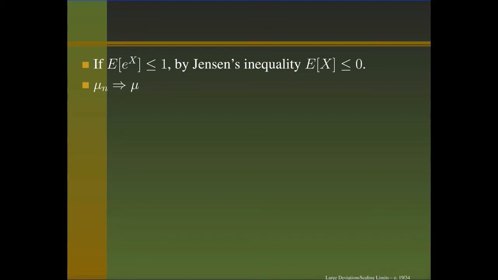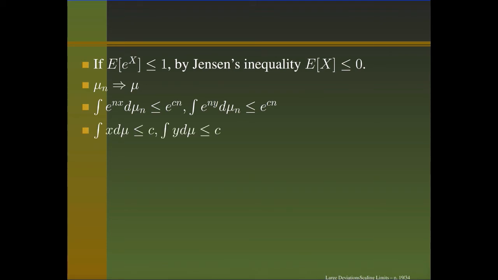So you have bounds like the integral of e to the nx d mu n is bounded by a constant exponentially growing with the exponential constant, similarly for y. So it's clear from this, in the limit you will get integral x d mu is less than or equal to c, and integral y d mu is also less than or equal to c. Actually, I claim that the integral of max(x,y) is less than or equal to c. So you can throw in the max for free.